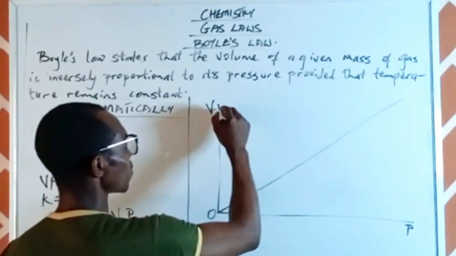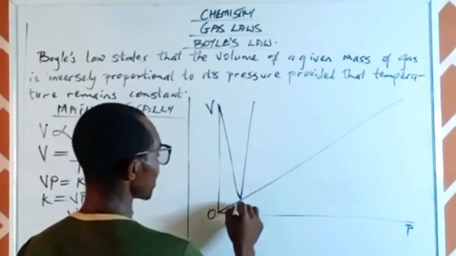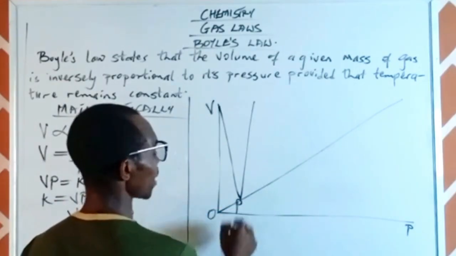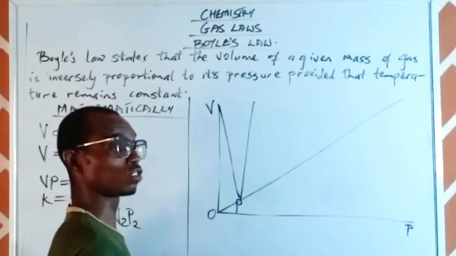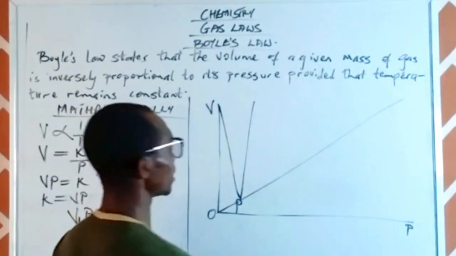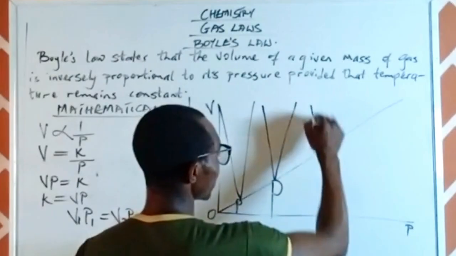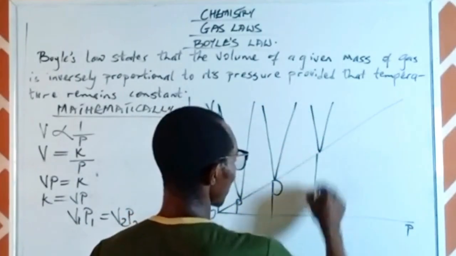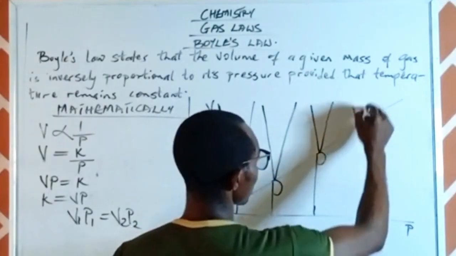Every time we have our volume increasing, we have pressure decreasing, and vice versa, when volume is decreasing, pressure is increasing. So look at this. Volume at this point here is decreasing, and as the volume is decreasing, the pressure is increasing. We can see what is happening to volume and what is happening to pressure simultaneously.